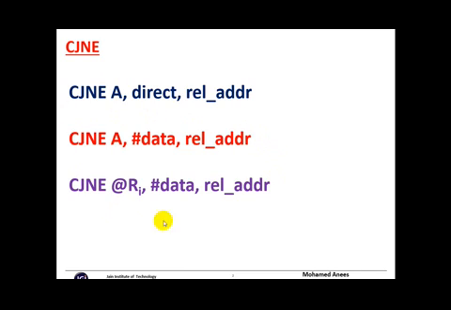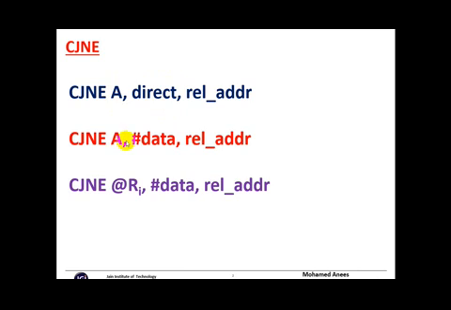The other two are self-explanatory, except that the destination and the source are different. So what does this instruction do? It compares two operands. In the first case, one of the operands is present in the accumulator, and the other in a direct RAM address.